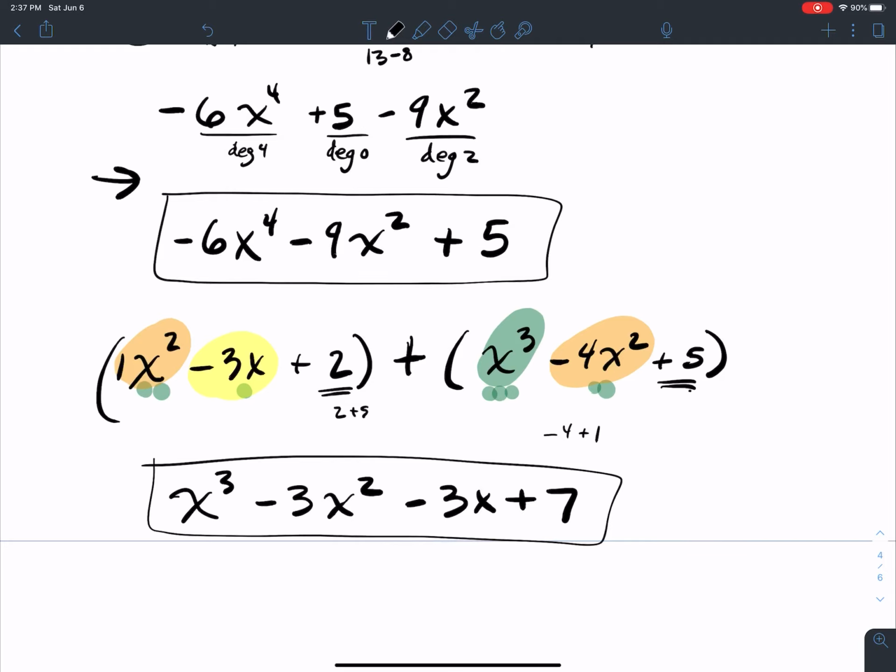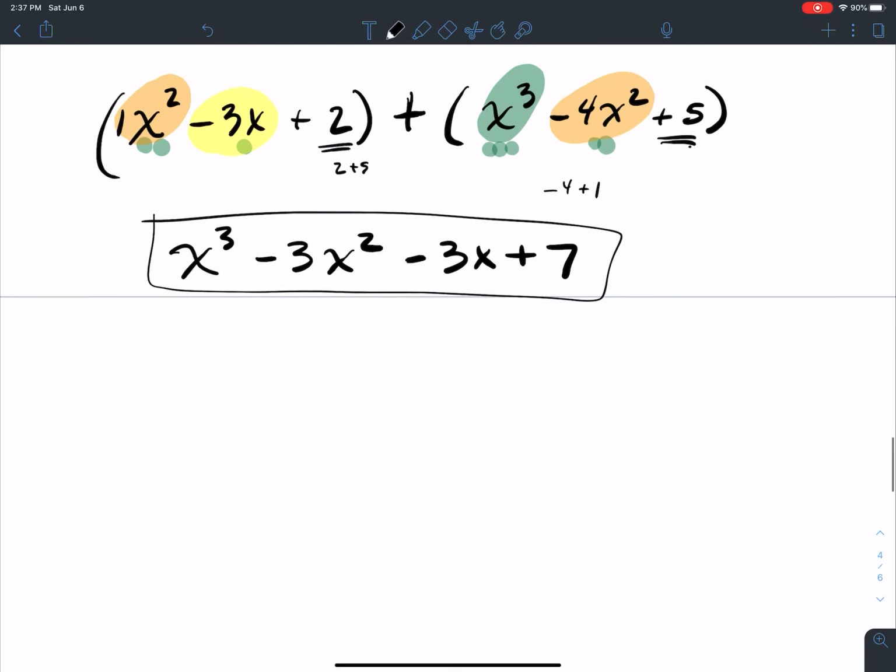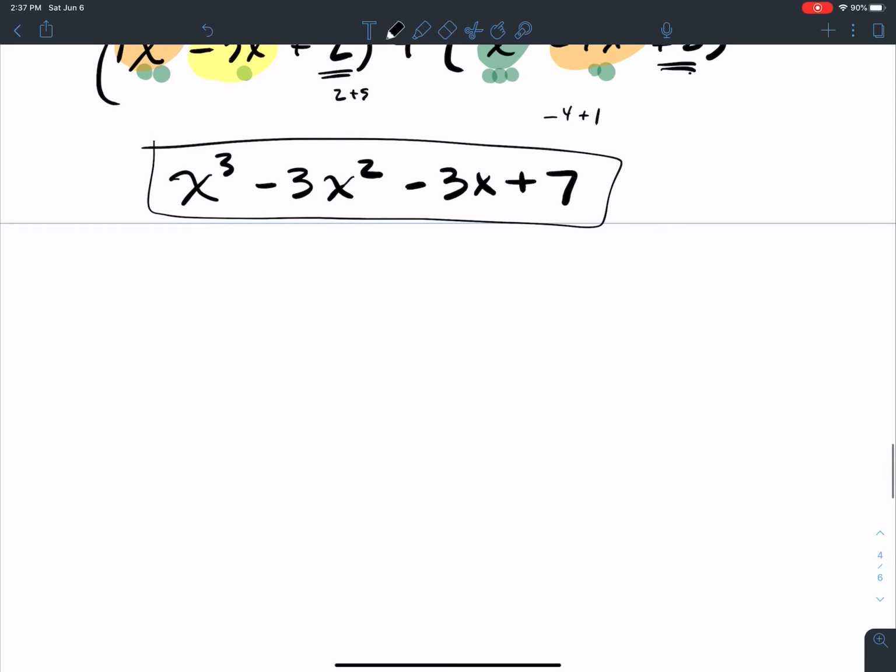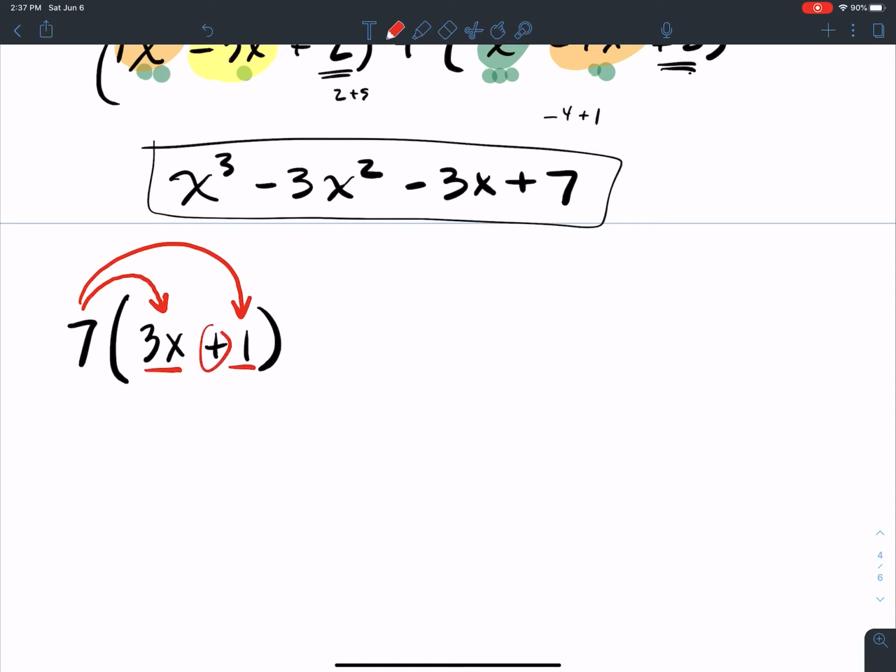Okay? Now that we've done subtraction and addition, let's do multiplying. Let me show you how to multiply. So say I have 7 times 3x plus 1. What would I do here? Okay, this is the distributive property. We take the number on the outside and we distribute it in just like we did that minus earlier. And I distribute it into each piece that's separated by a plus or a minus, okay?